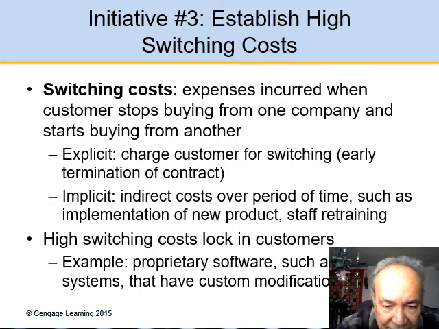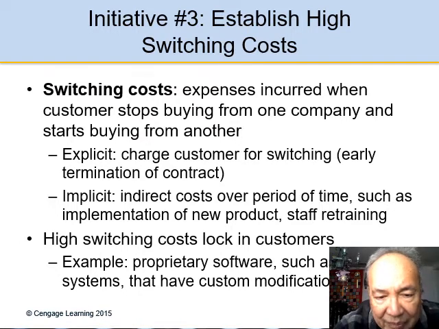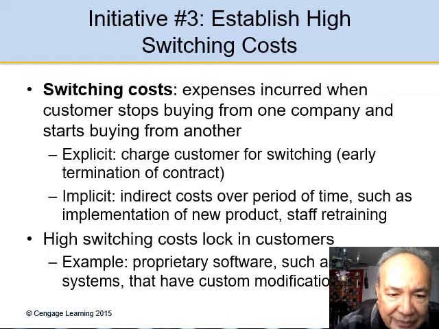Switching costs. Establish high switching costs. Expenses are incurred when the customer stops buying from one company and starts buying from another. So, let's say you're already buying from McDonald's, which is a very low priced.